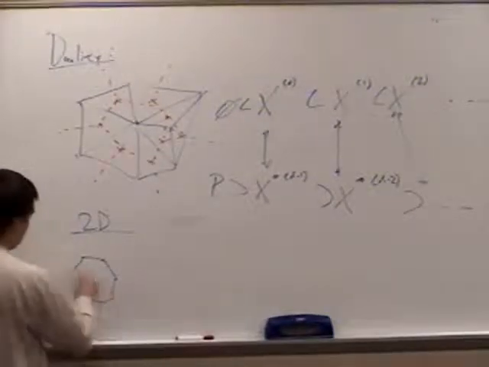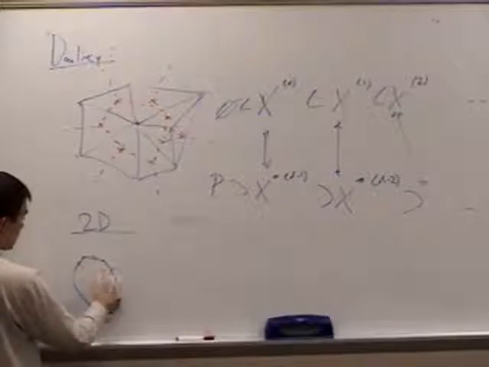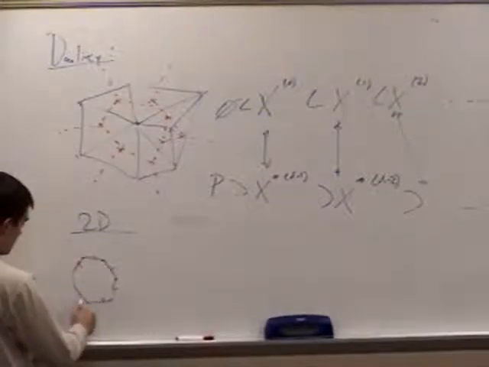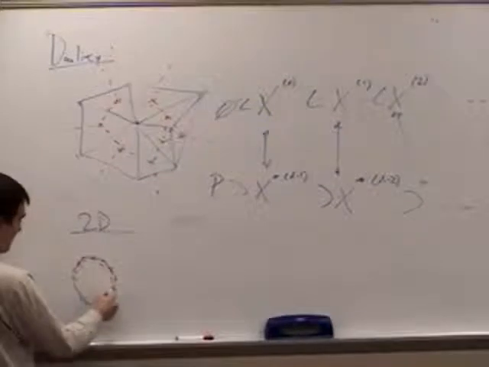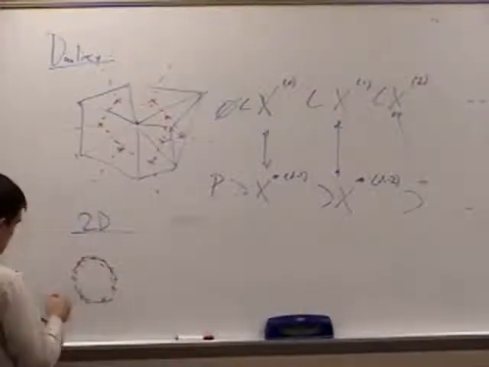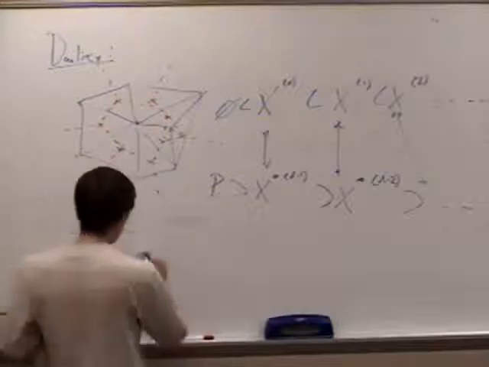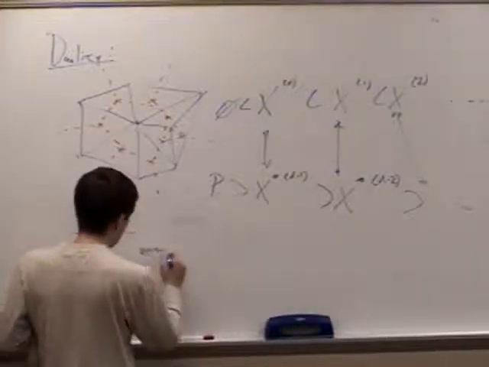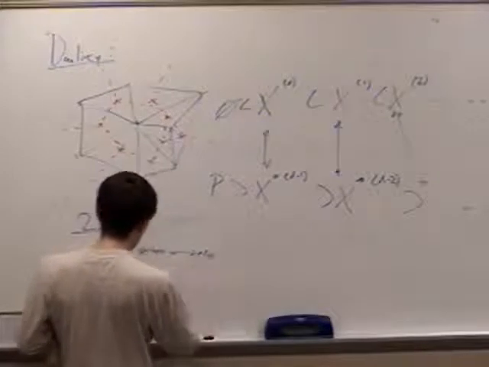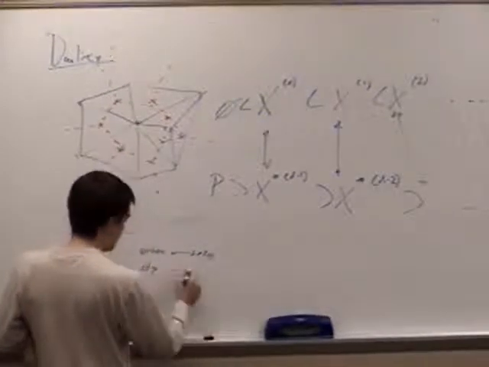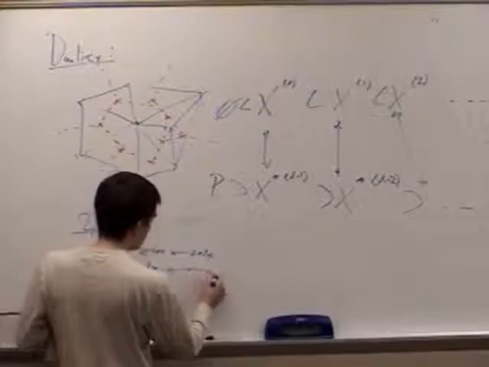Well, each edge will become a vertex. And then each vertex becomes a face. So we have this map where we basically swap vertex to edge, and then edge to vertex.